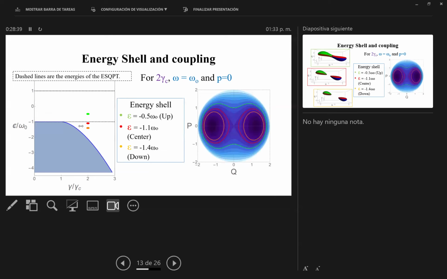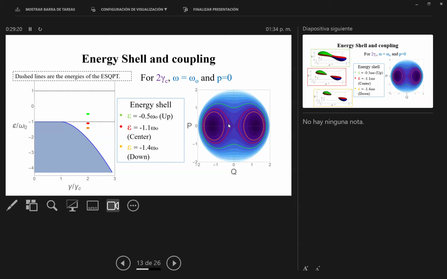Now I present these energy shells projected only onto the atomic part in the phase space. I define special energies: two below the critical energy of the first ESQPT, and one above, the green one. We can see the contour lines of these energies. Below the first ESQPT, it's like a double well in this projection.